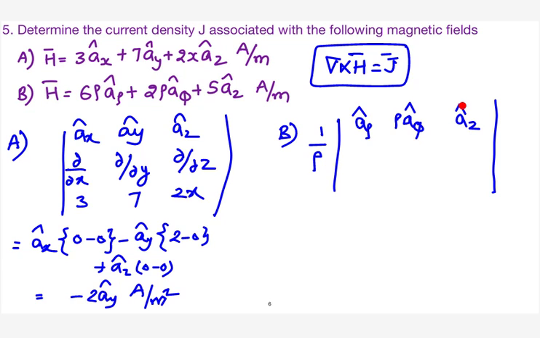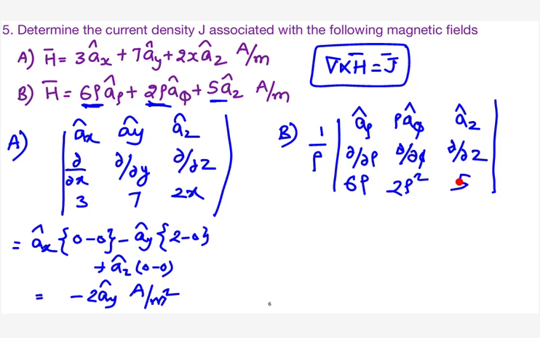You should remember that. And the second row will be dou by dou rho, dou by dou phi, dou by dou z. And the third row will be the coefficients multiplied with the scaling factors. So 6 rho into 1 and 2 rho into rho, that will be 2 rho square. And the last one will be 5 into 1. You can simplify that. So when it is cylindrical or spherical, be careful with the scaling factor. 1 by rho, A rho cap into.